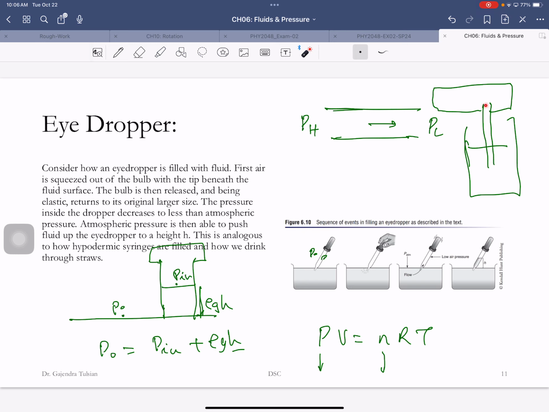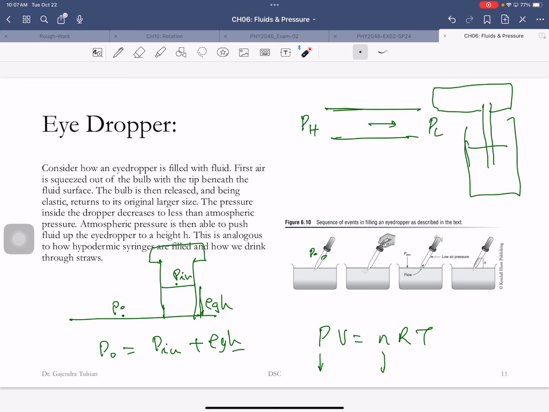So how do you decrease the pressure there? To decrease pressure, you have to increase the volume. So when you suck on it, you're decreasing the pressure there, and fluid rises.